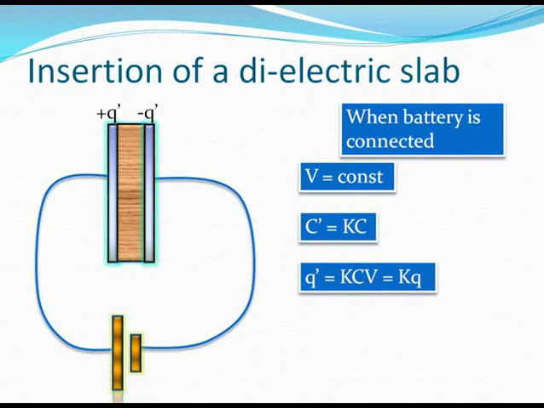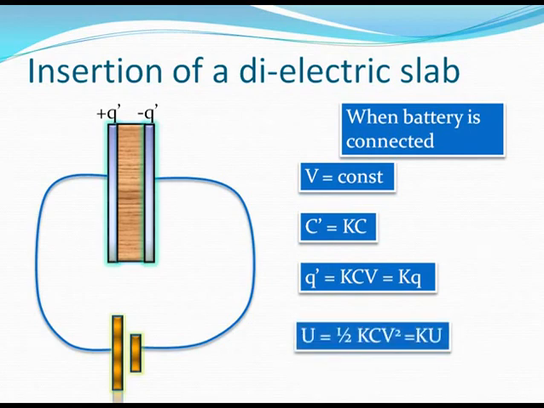What about the energy stored in the capacitor? Any guesses? Well, clearly, the energy is half into capacitance into V square. V is constant and C gets multiplied by K. So clearly, the net energy stored in the capacitor becomes K times the initial energy, half into KCV square instead of half into CV square.